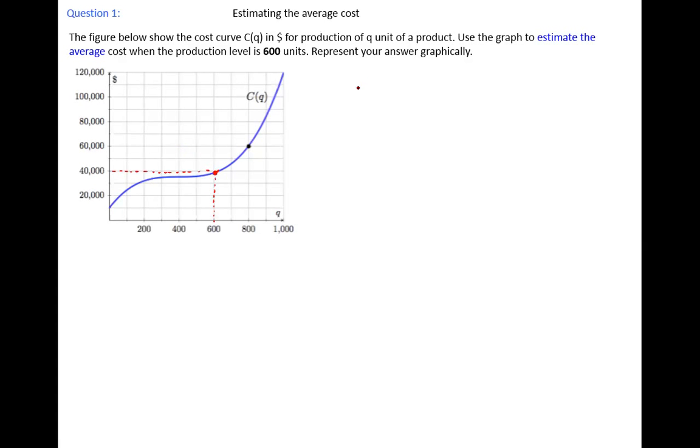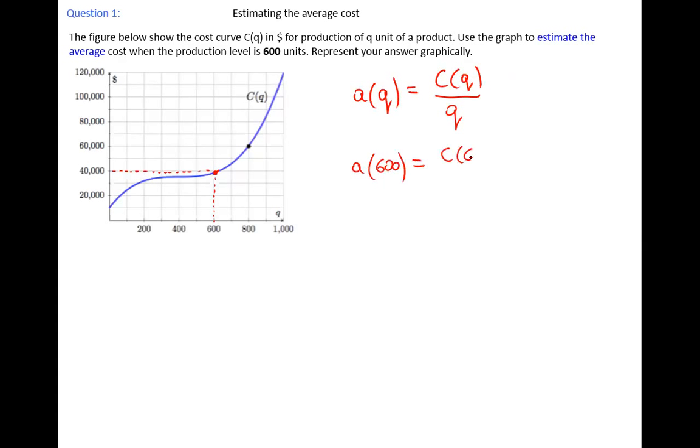Okay, that means what we need, the average cost, is defined as the ratio of the total cost divided by this quantity. And everything must be computed at 600 units.